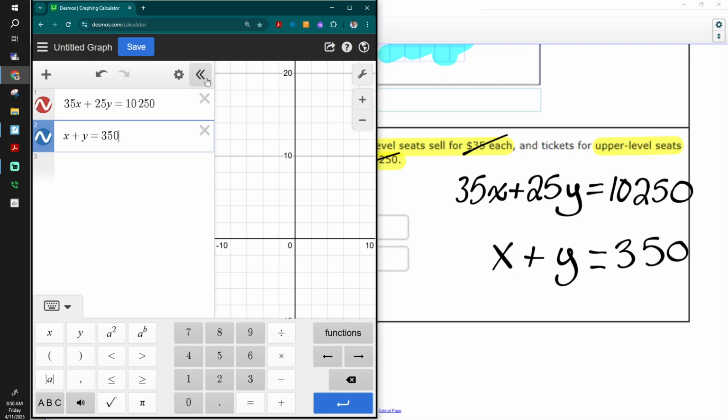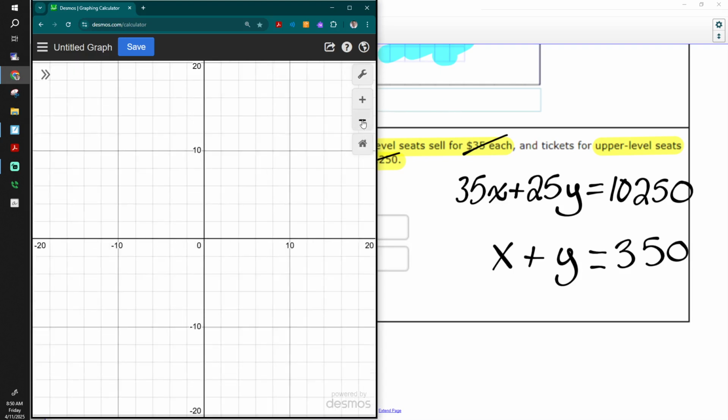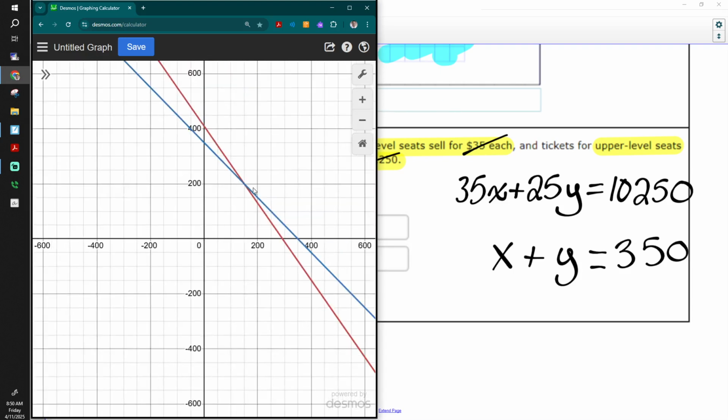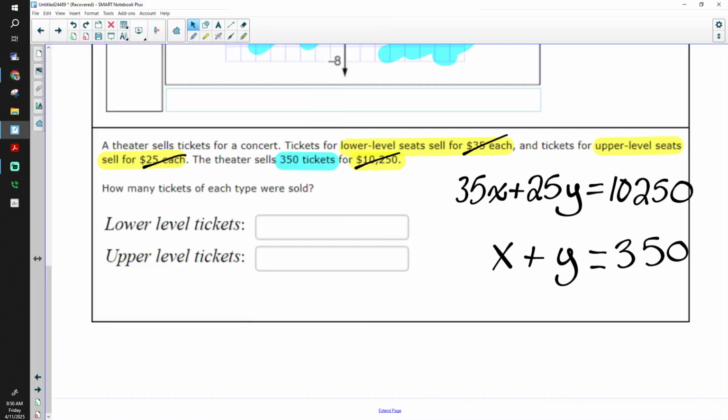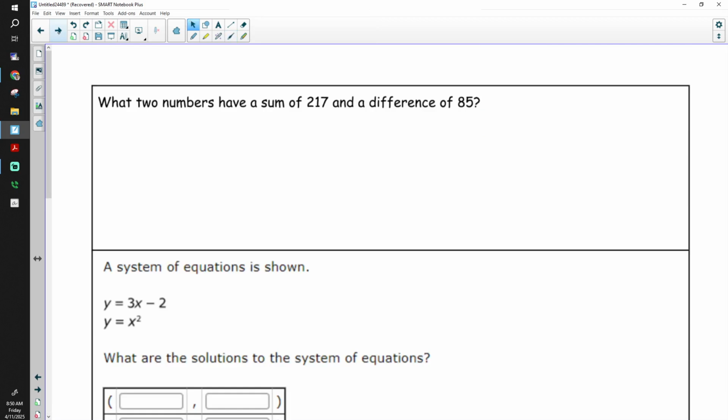Now it looks like we can't see it, but if I zoom out, I'm looking for the point where my two lines intersect. So we have 150 and 200 are my answers. 150 and 200. Yay, next problem.